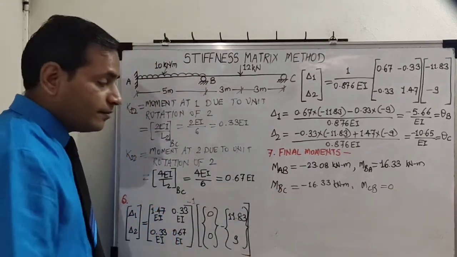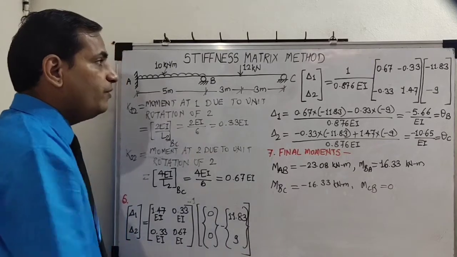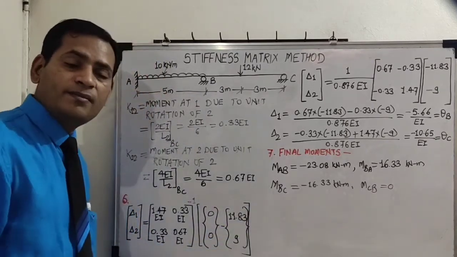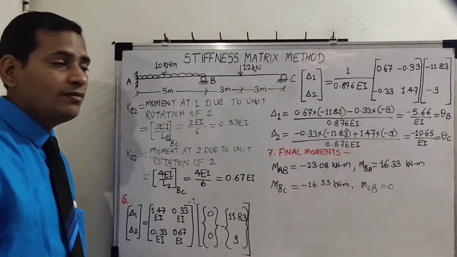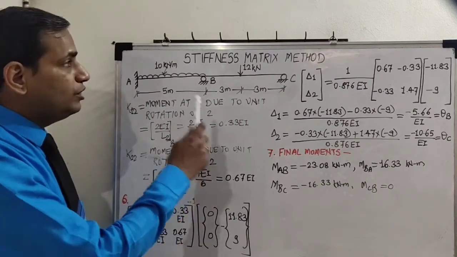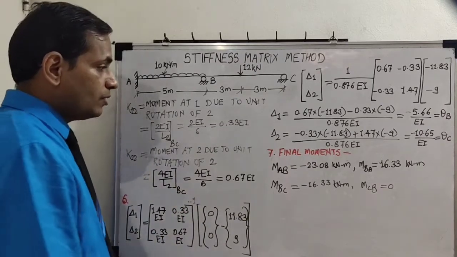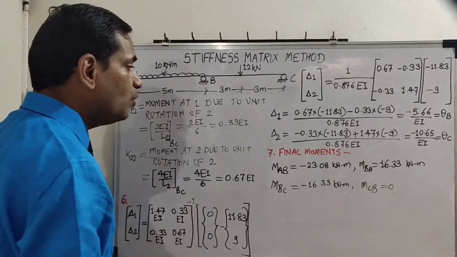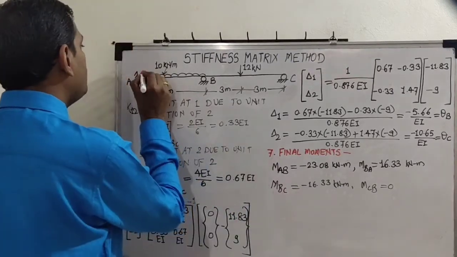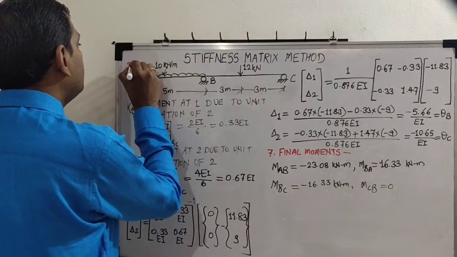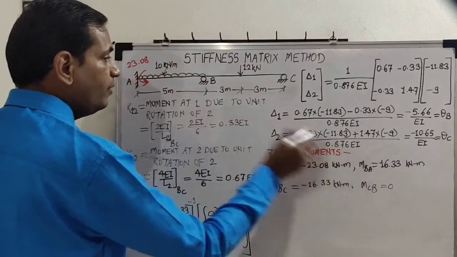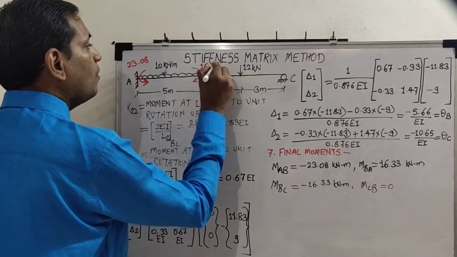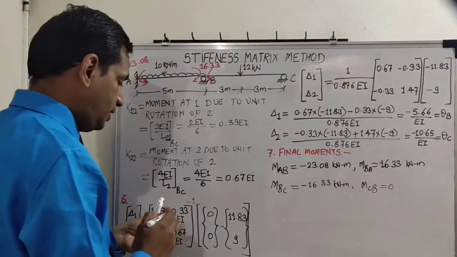These moments have been calculated using slope deflection equations. Those who do not know how to calculate these, please refer to my videos on the slope deflection method, wherein I have solved beams using the slope deflection method. So these are the final moments. Now I will just note these values here in the loading diagram. Minus 23.08 means anti-clockwise. Then this value is 16.33, here clockwise, here anti-clockwise, and 0 on support C.